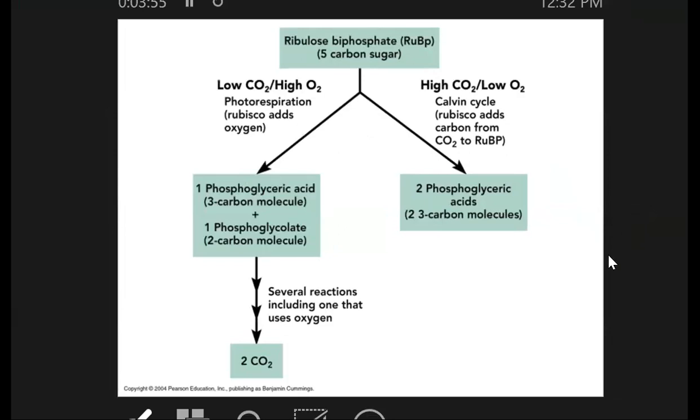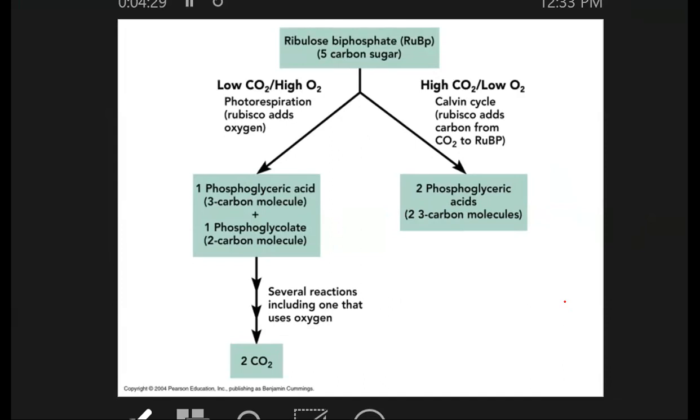So if we have not enough CO2 coming in for some reason, where CO2 levels start to drop around Rubisco, then Rubisco says, well, I'll just let oxygen come in. And so here you're seeing on the left what could happen if Rubisco starts to see more oxygen compared to CO2. Oxygen wins, comes into the active site of Rubisco and reacts with RUBP.